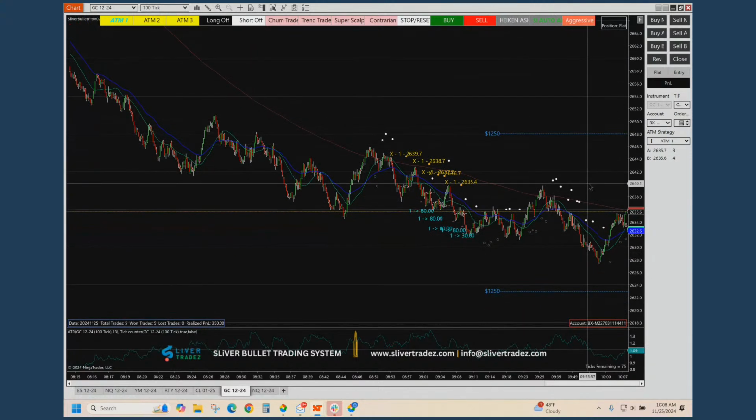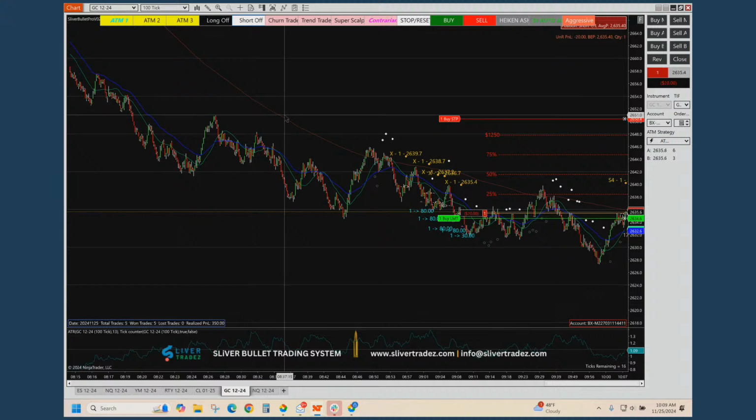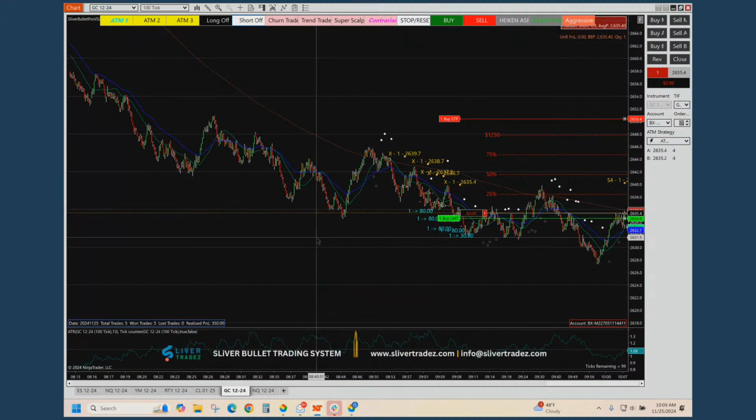I still see that I can take some contrarian trades here and get some profit. Say like here, I could take a trade if it pushes back up. So here you go. But then, I don't expect a whole lot of movement here.